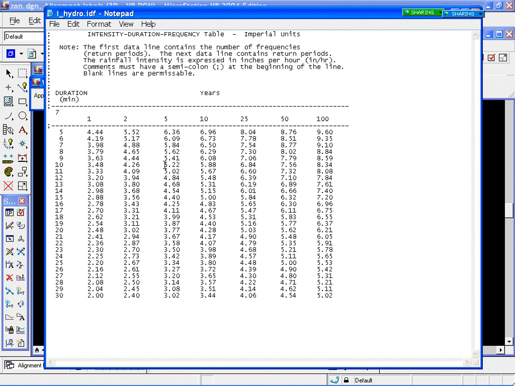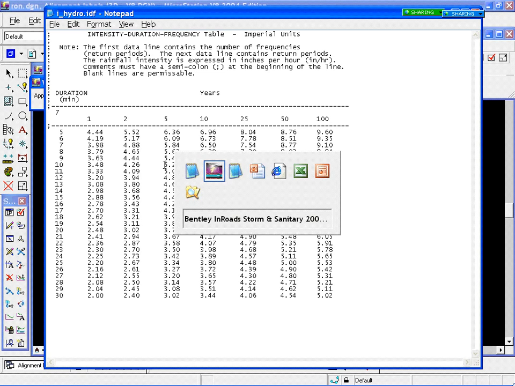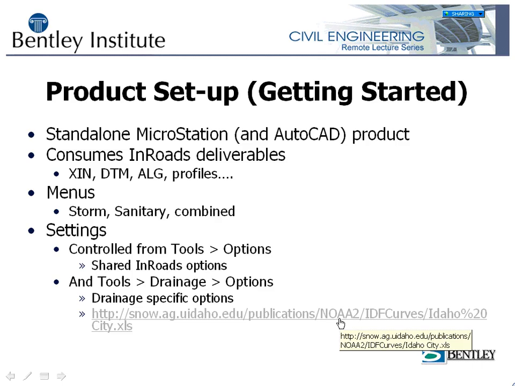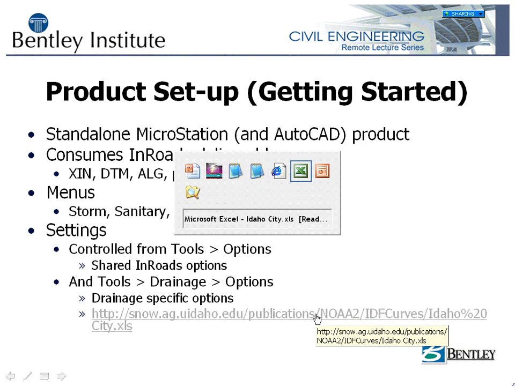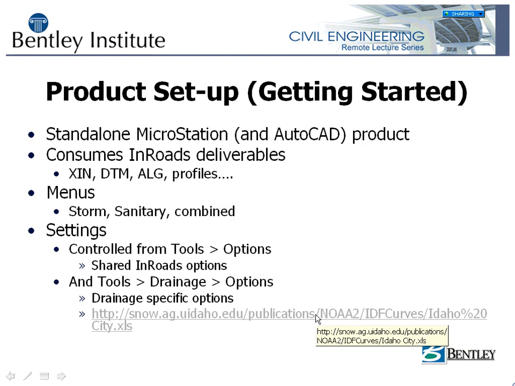Every area has its own statistics that drive their own tables. A good source of this, if we look back at my PowerPoint, is NOAA. Also USGS is another good source. If you go to NOAA, you will get something that looks like this, which is an actual spreadsheet.